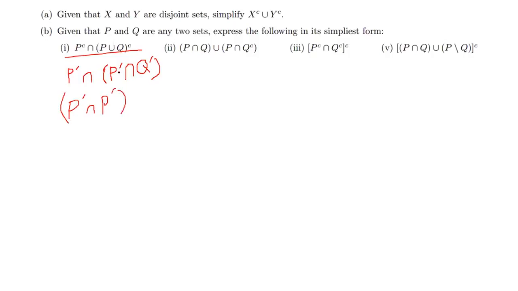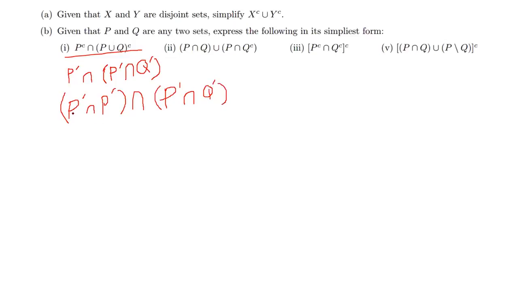And then you write this symbol here, and then I'll open another set of brackets. This P intersection, now you distribute it in the brackets, combine it with Q complement there. So I'm saying P complement, and then intersection Q complement, like that.